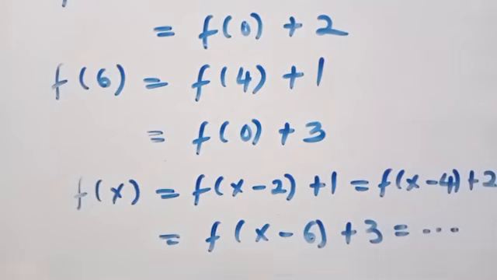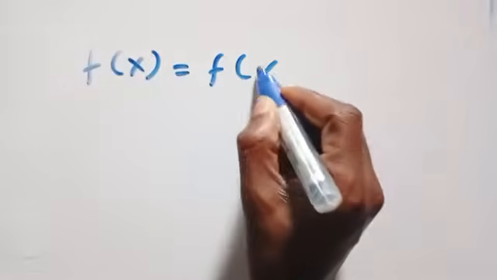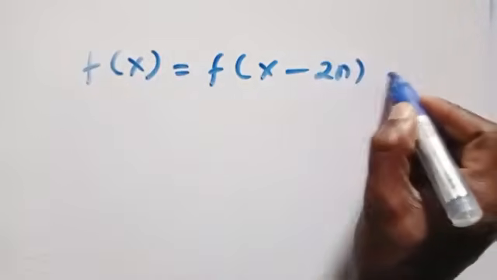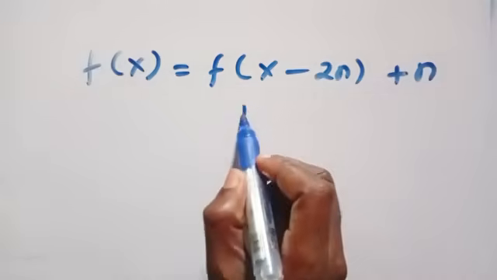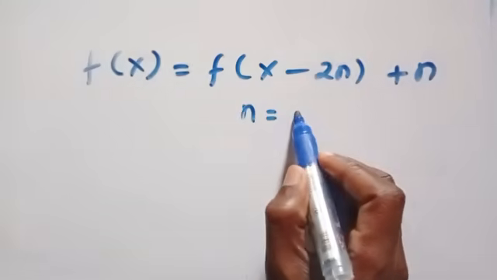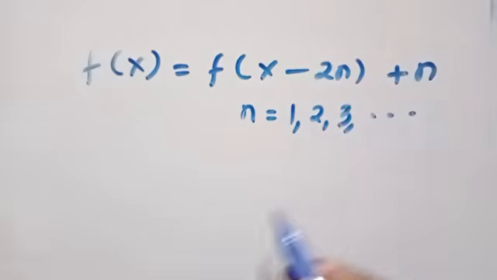Then let's generalize everything: f(x) = f(x-2n) + n, where n equals 1, 2, 3, and it keeps going like that.